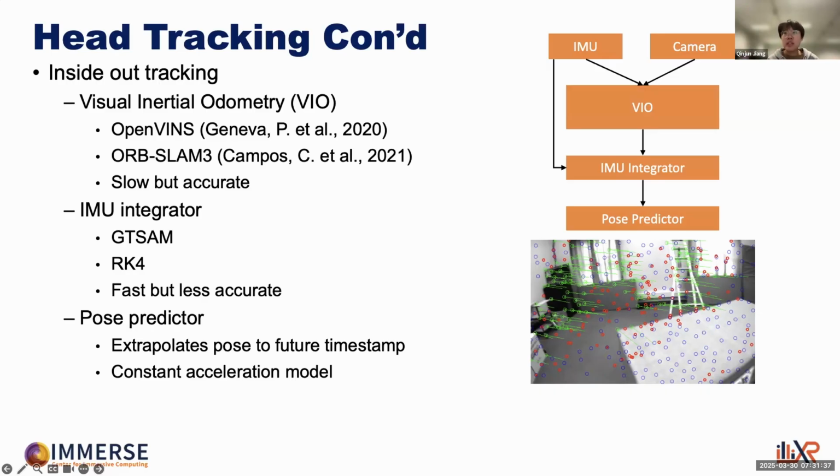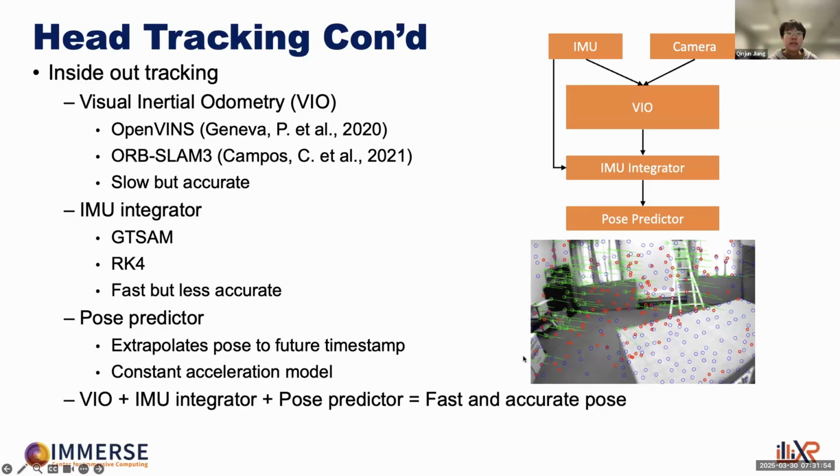And this is what we use in Elixir. There are also models based on constant velocity and some others. And again, Elixir provides a well-defined interface so that you can easily implement whatever models you want to use inside Elixir. And finally, combining the VIO, IMU integrator, and pose predictor, we are able to provide the downstream system with fast and accurate pose and even future poses if that's needed.